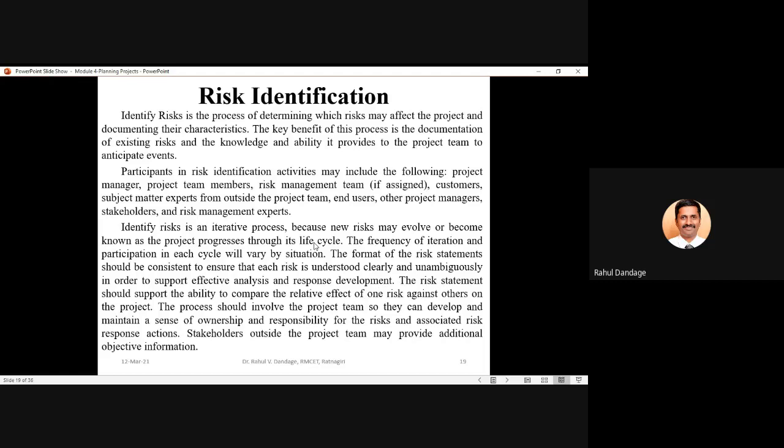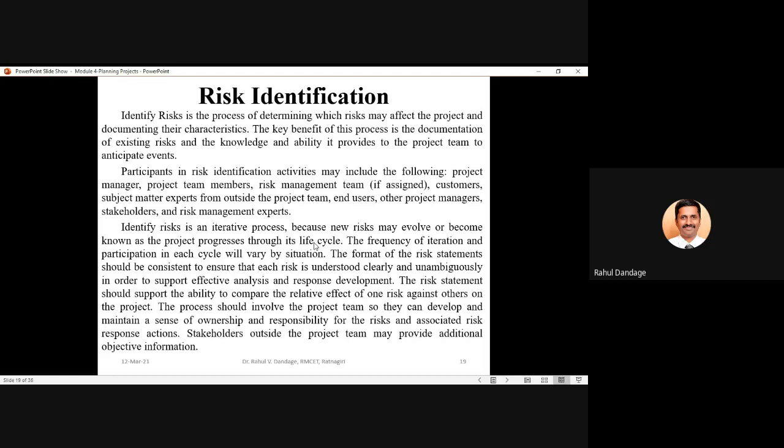It should be followed at regular intervals in your project life cycle, because as you progress through the various activities in your project, there are always chances that some new risks may be identified, may appear, and may affect your project.